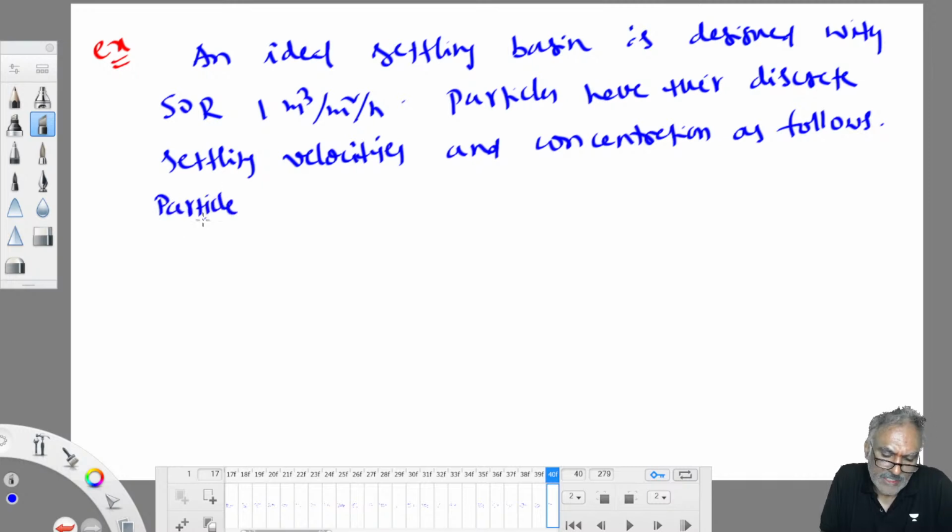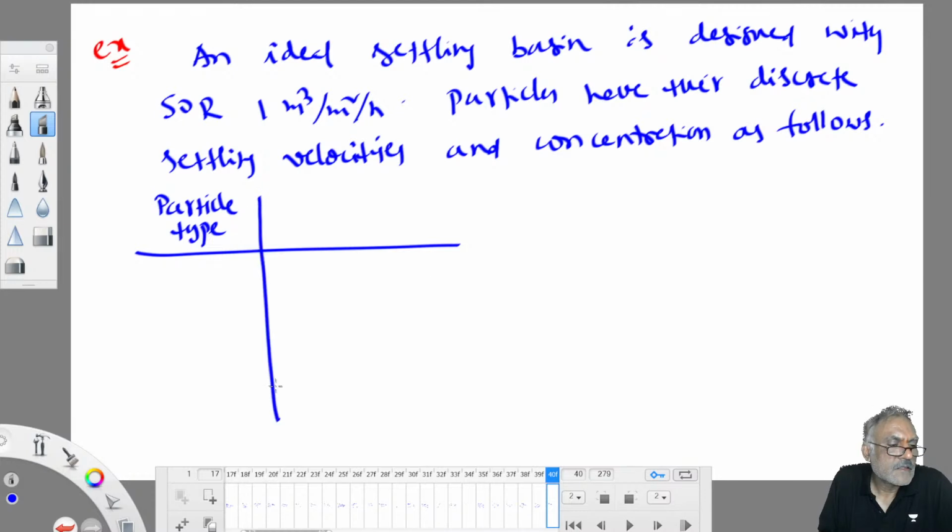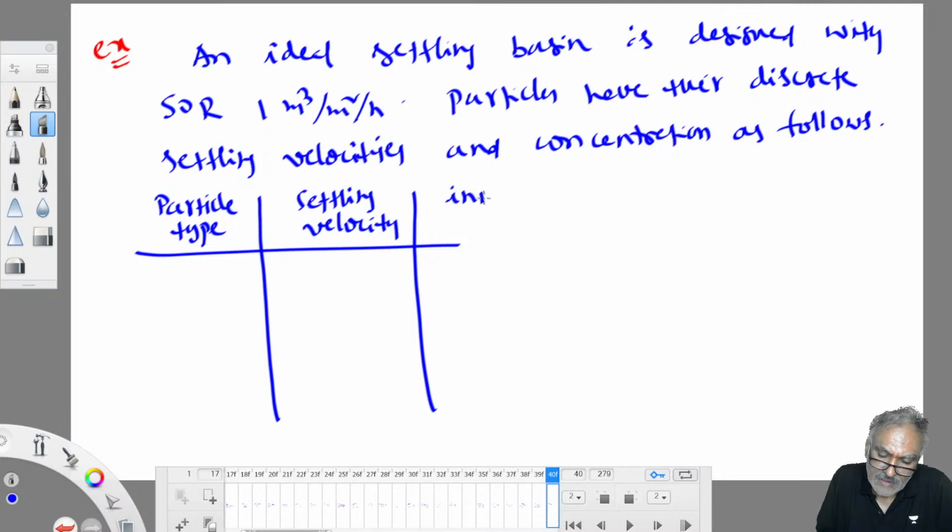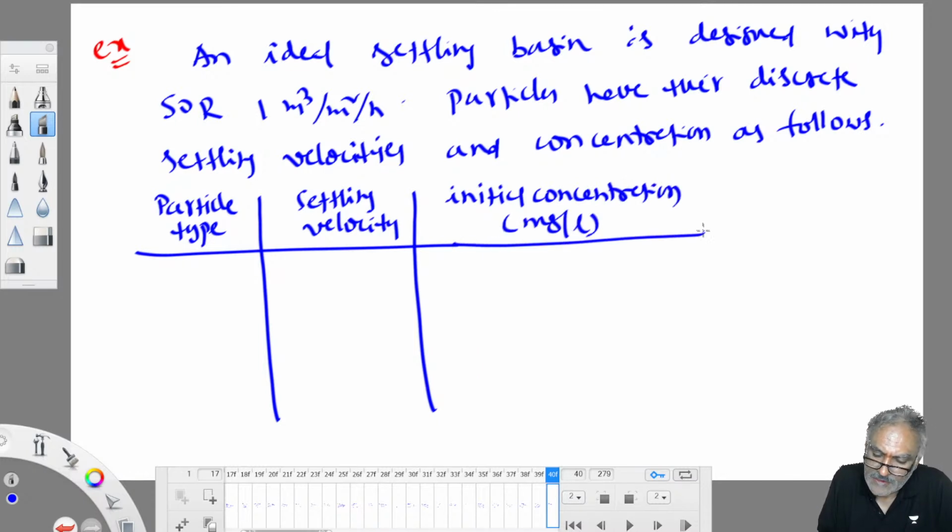So one is particle type, settling velocity, initial concentration. The concentration is given in the question in milligram per liter, and settling velocity is given in meters per hour.